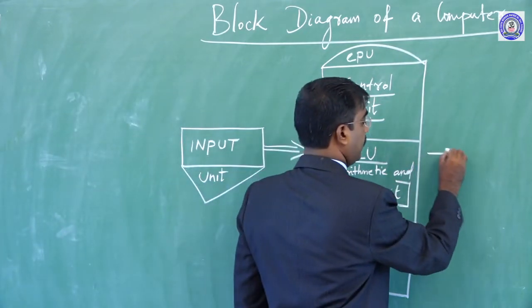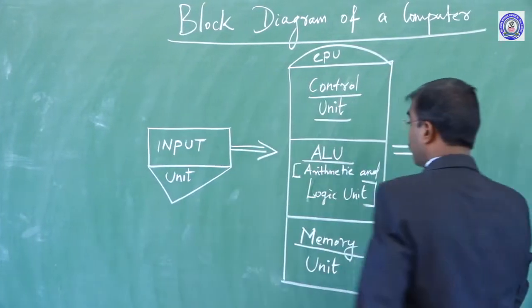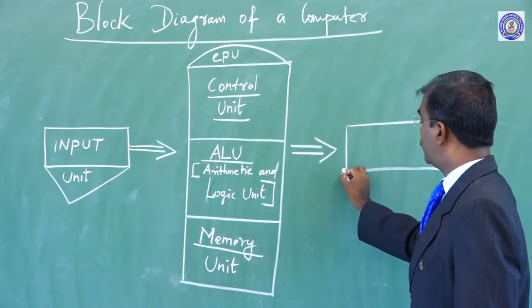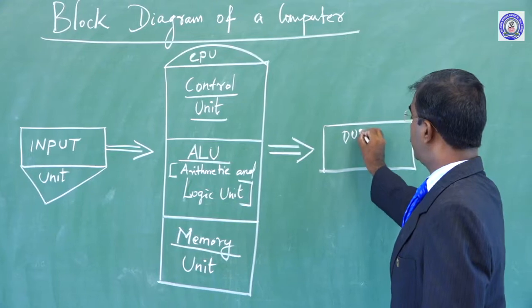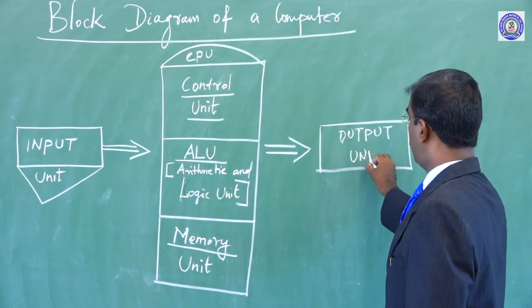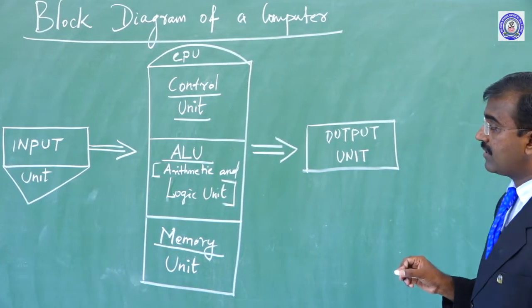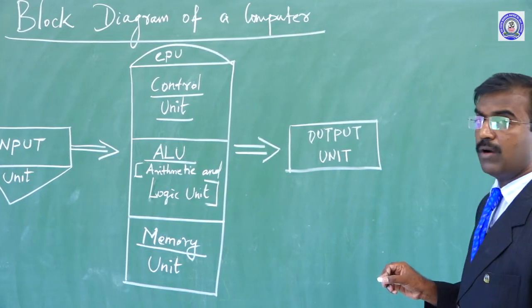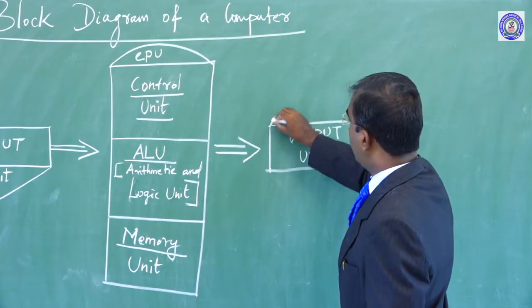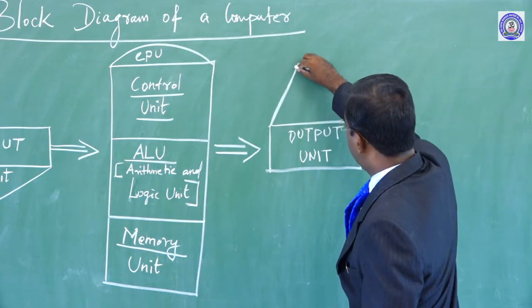But these are all processes. How can we see them directly, sir? That is called the output unit. Sir, please tell one example. With output, simply, we see the output via a monitor or screen.